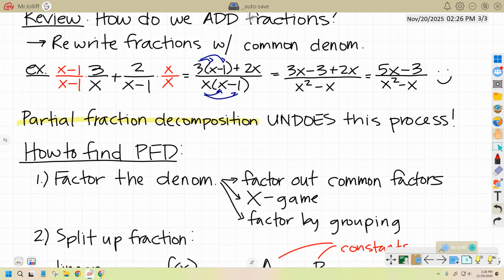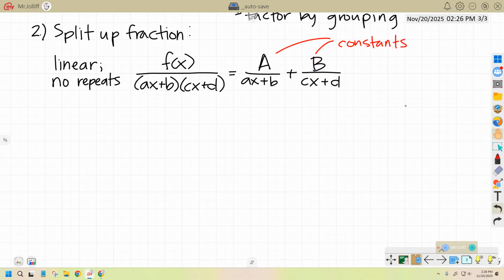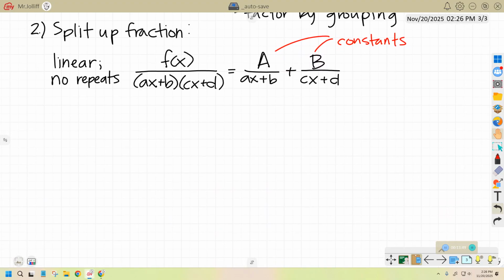Constants, 3 and 2, right? Same thing we're looking at here. When I split them up, I want to split it up so it's numbers. I won't know what they are. You are literally going to write what I have there, A, B. We'll figure out what those numbers should be later.